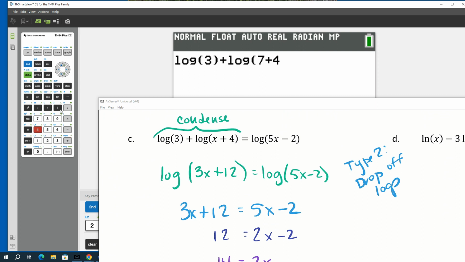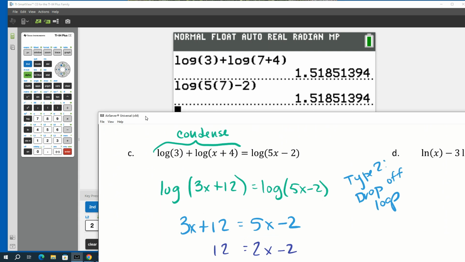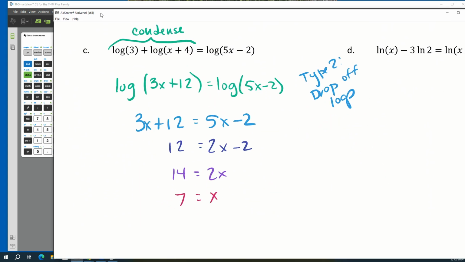Well, plug in what's to the left of the equal sign, and then plug in what's to the right, and make sure you get the same ugly decimal. All right, we get the same ugly decimal, so it's true. Those sides are equal to each other whenever x is 7. All right, you guys okay?